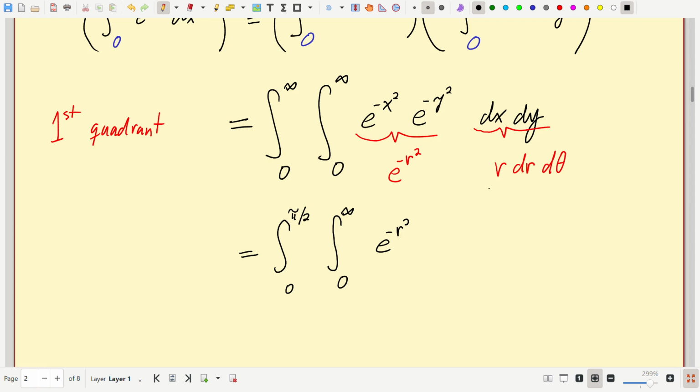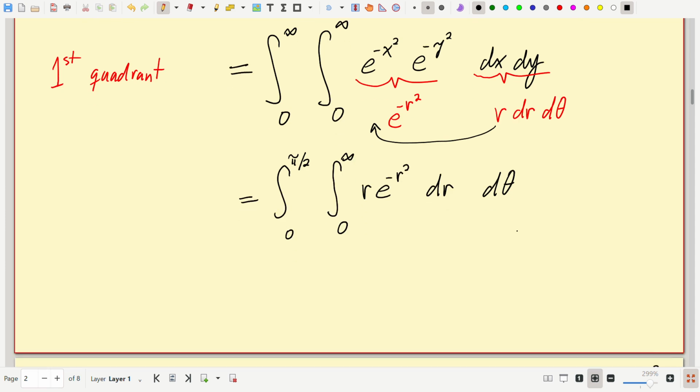So I'm going to move this r over in there, r dr, and then d theta. And this is the miracle that happens now. That's a simple integral. So this is the integral from 0 to pi over 2. What is that the derivative of?